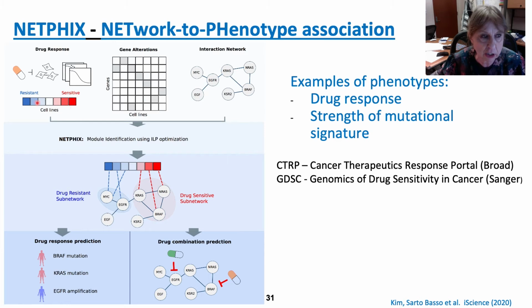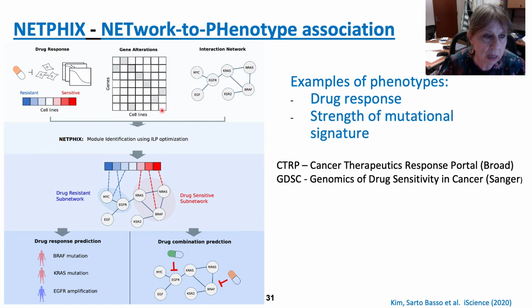For the mutational signature, that would be the strength of the mutational signature. For drug response, our first application, it would be the response of a cell to a particular drug. In addition, for every individual or every cell, we know mutations within the DNA of that cell, and we can also utilize the interaction network and the information about relationships between genes.